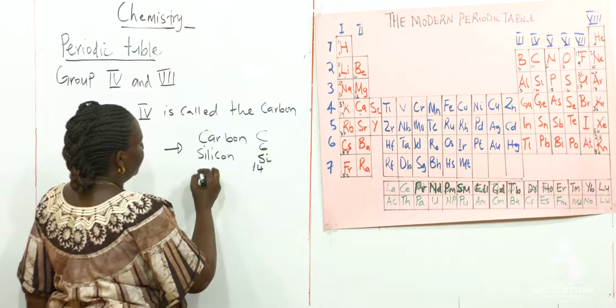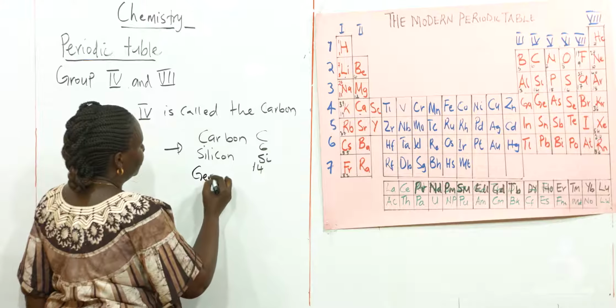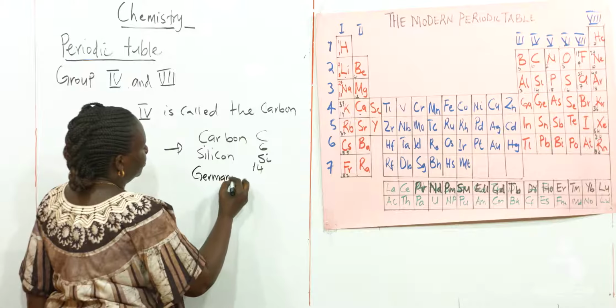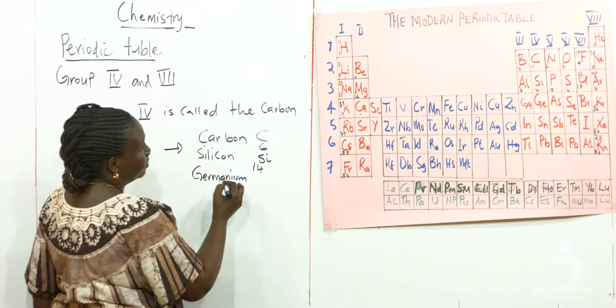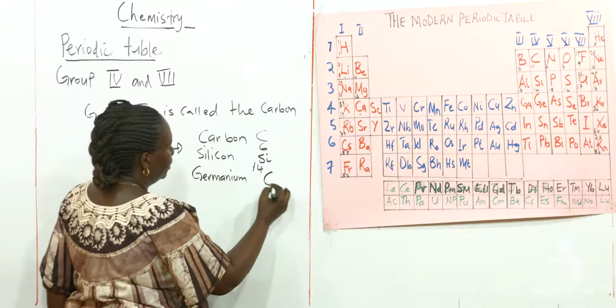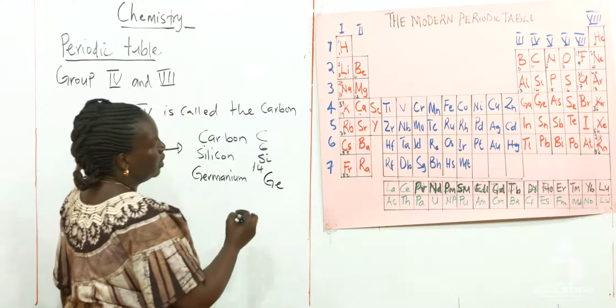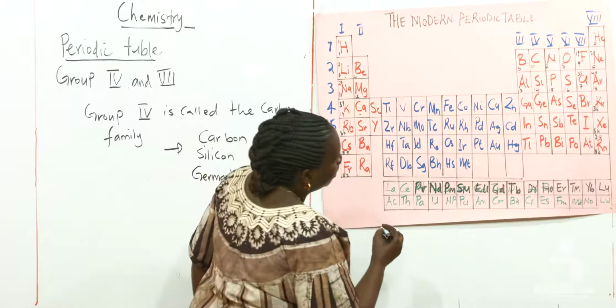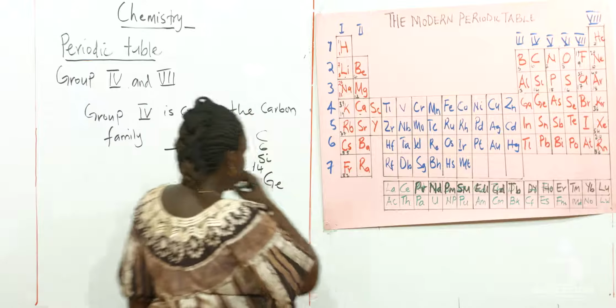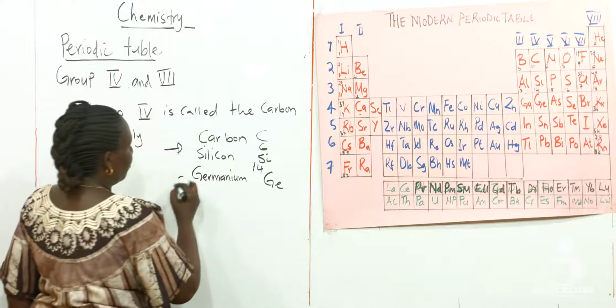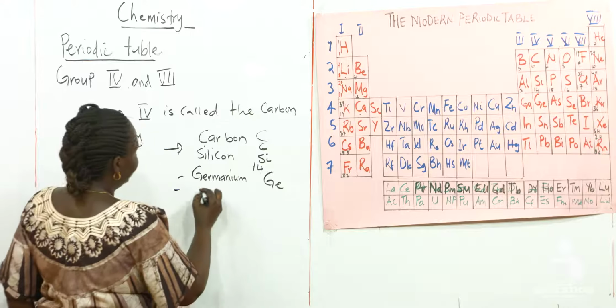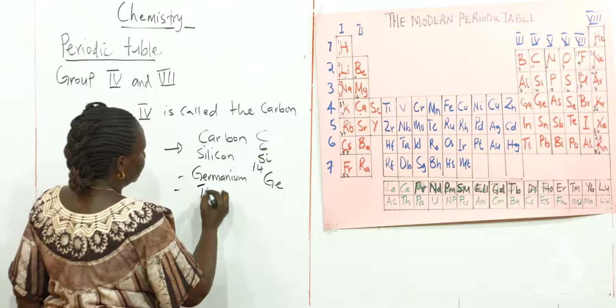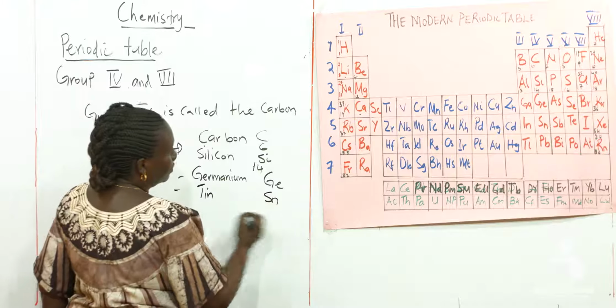Then we have germanium, symbol Ge, atomic number not indicated. Then after germanium we have tin, Sn.